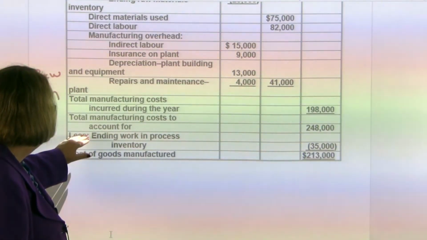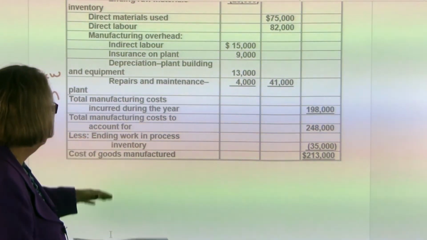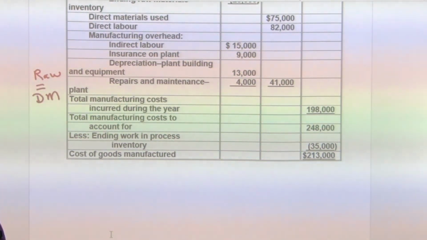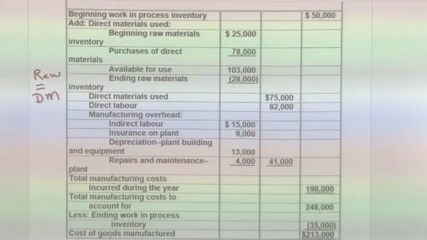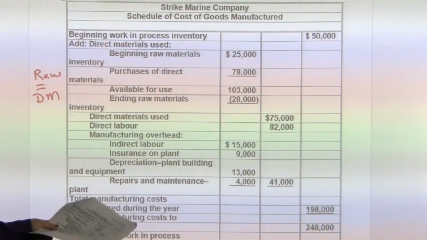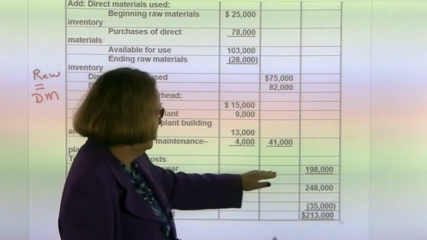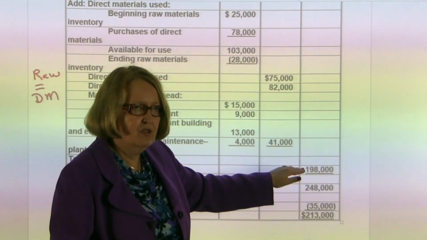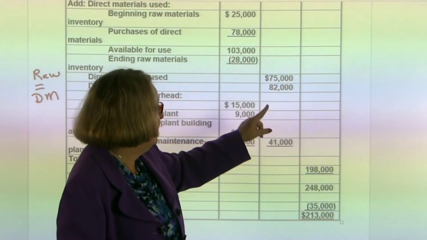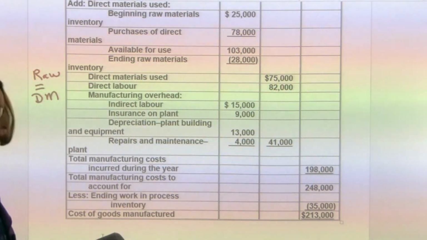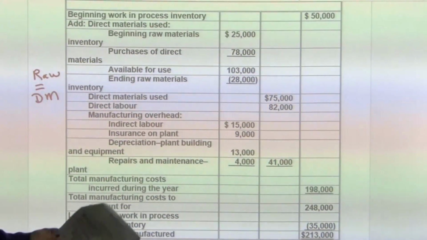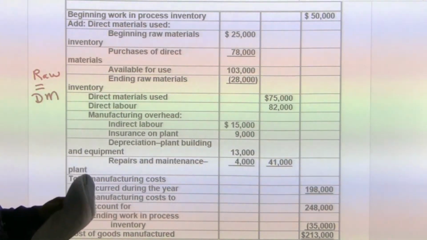So here, the total cost that you have to account for is your beginning work in process, then all of your manufacturing costs for the year, which is your materials, your labor, and your overhead. So 198, and I'll just scroll back here again. So 198 plus your beginning work in process.